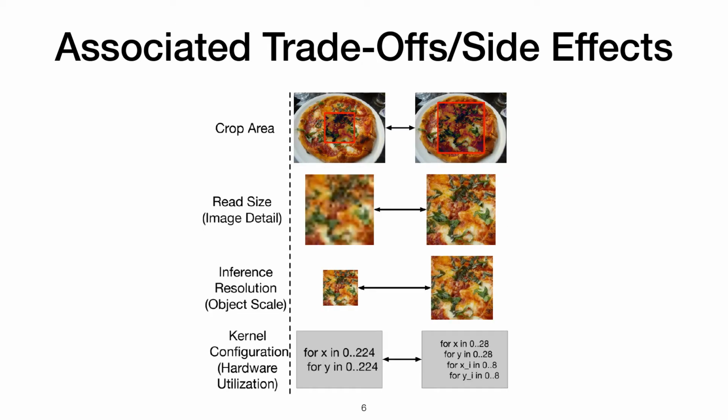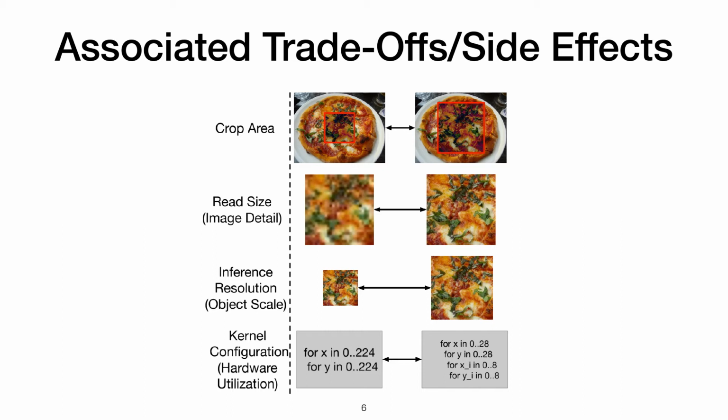Here we summarize the trade-offs and side effects associated with resolution. The first is crop area, or how much of the input image is used for inference. Random crops, which are often very small or use a small fraction of the total image area, are used at training time, and a larger center crop is often used at test time. The second is read size, or the amount of image detail or quality that is stored or transmitted.